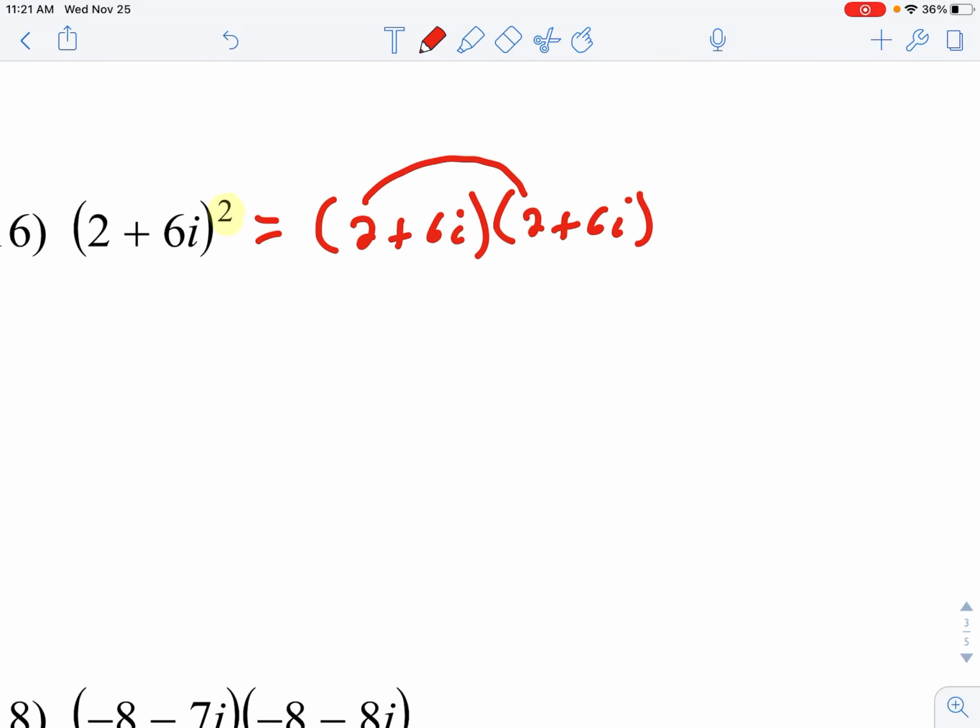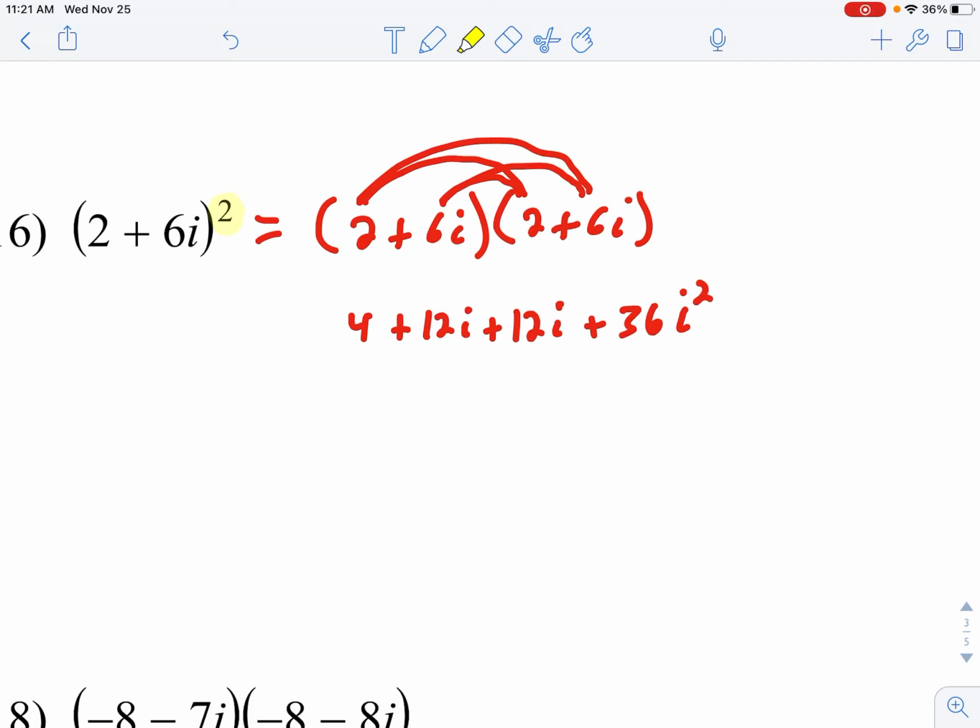So we multiply first: 4. Outside: plus 12i. Inside: plus 12i. And last: plus 6 times 6 is 36, i times i is i squared. Plus 12i plus 12i, we can combine that and get 24i, plus 36i squared.